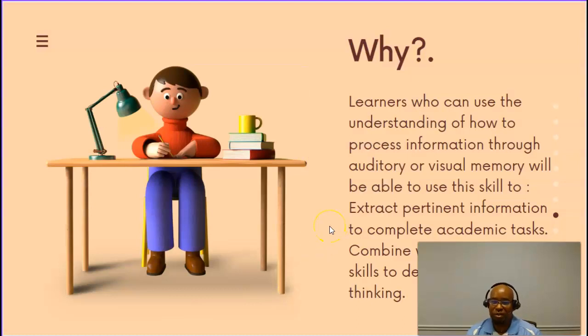So why do we do this? Why do learners need to know about processing auditory skills or any type of visual memory? So in order to be able to use this skill, students will need to learn how to extract pertinent information for academic success or academic tasks.